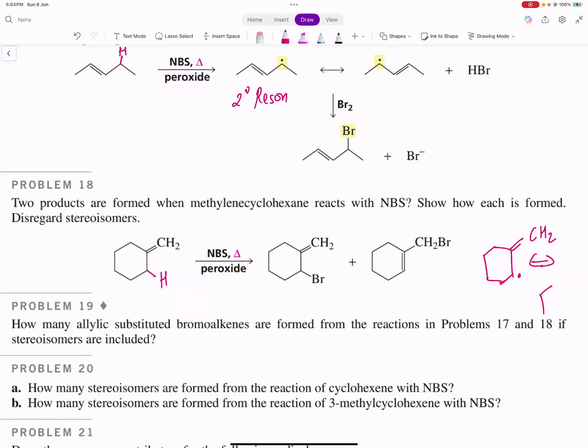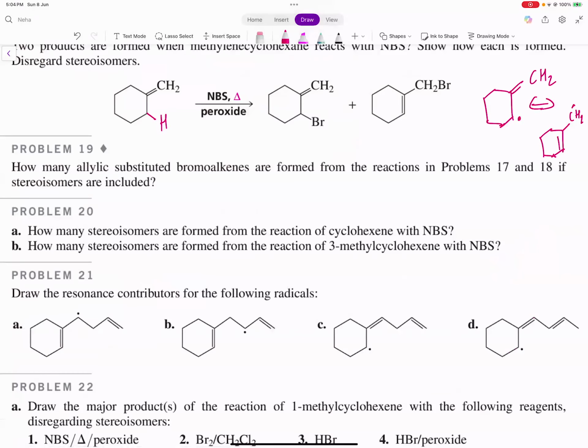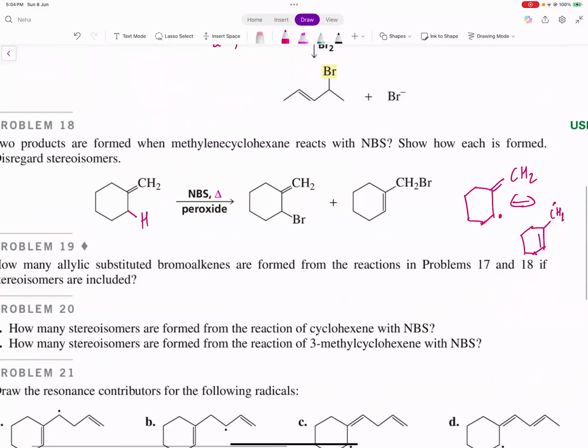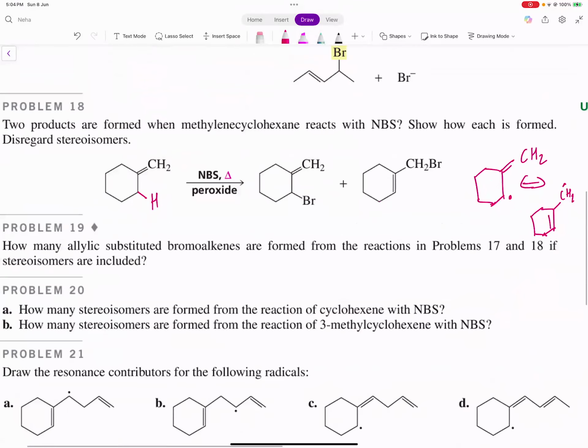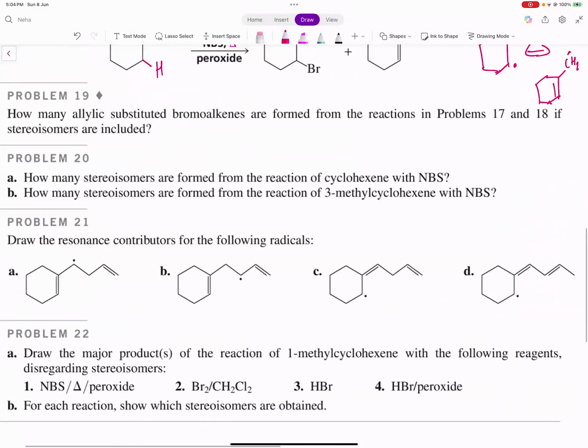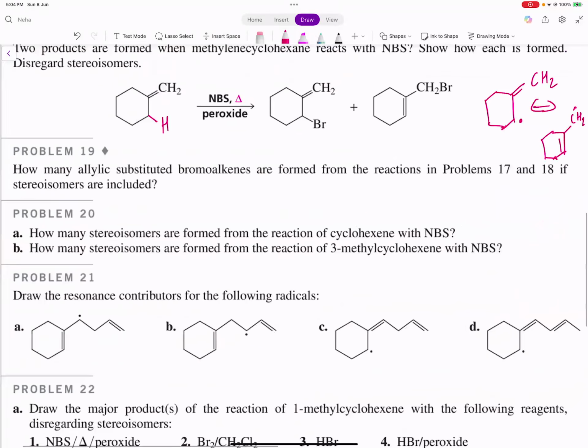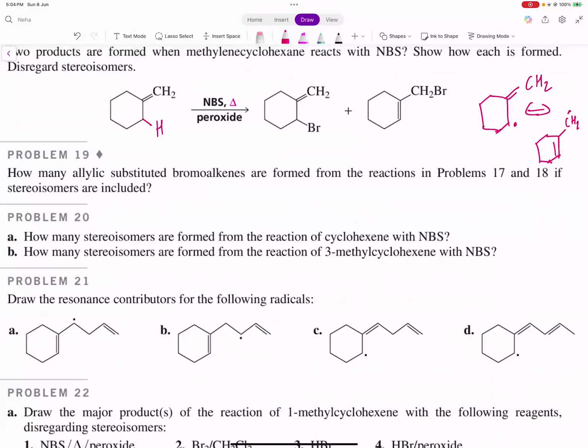And I will get something like this, double bond CH2 dot. But the first one will be major, because it's 2 degree. So you see, actually what happens is it's just a mixture, and it'll be like that because the bromination is there.